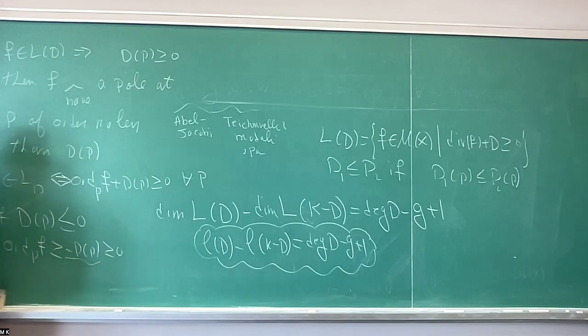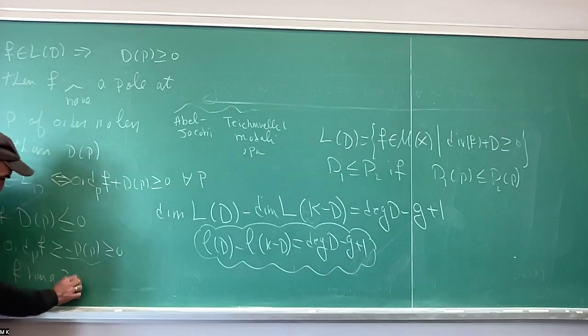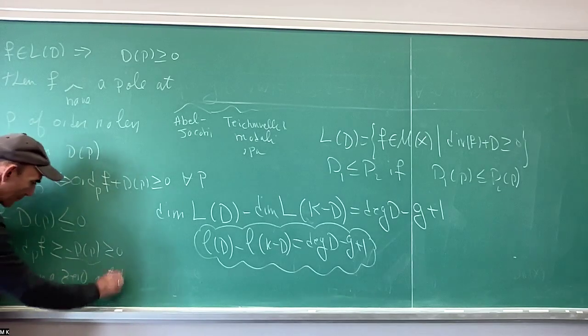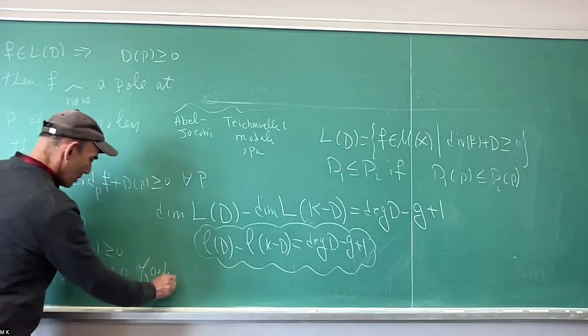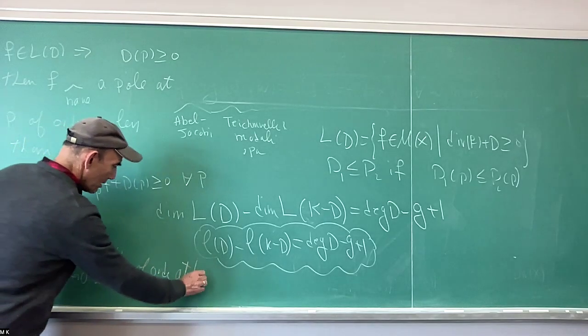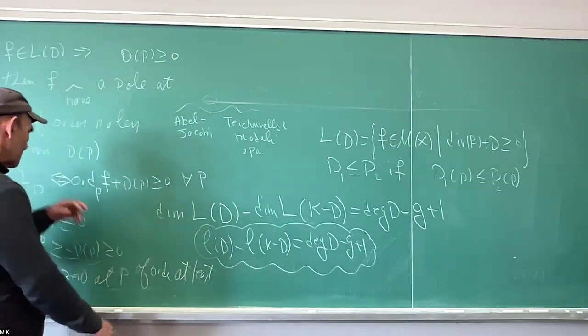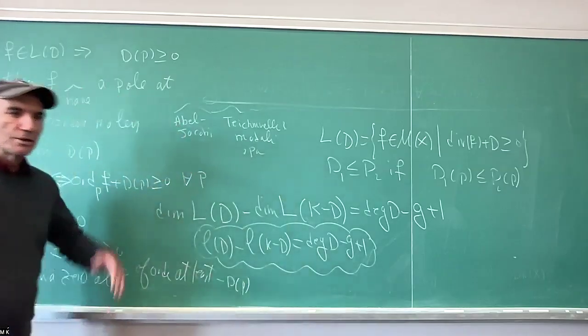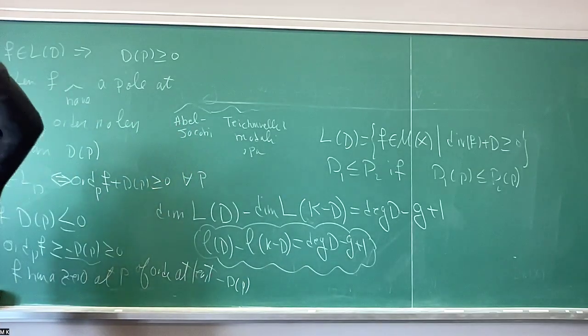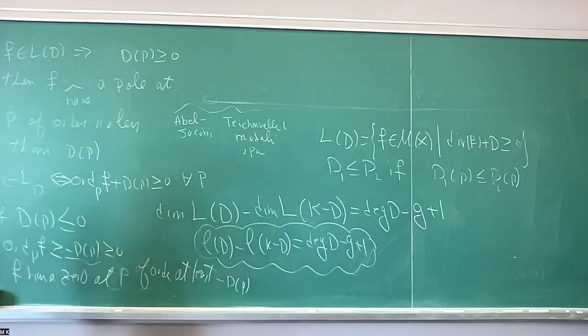So it means that f has a zero at p of order at least negative d of p. So you can have higher and higher orders, but f has a pole.